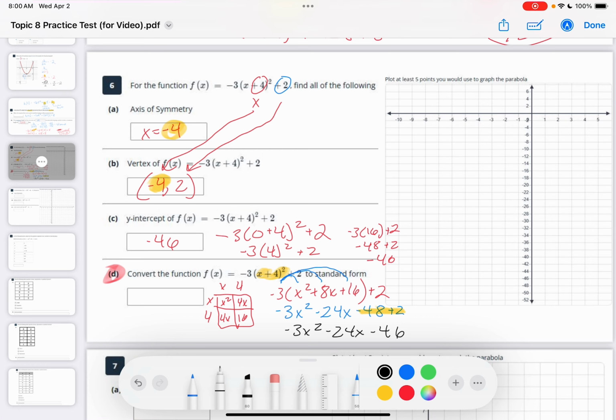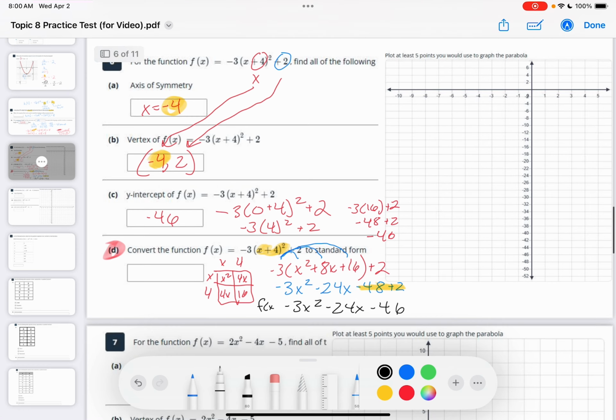So that would be my function. I could put f of x in front of this and be done with it. Now, I mentioned we're going to find the y-intercept here. Remember, the y-intercept in standard form is your c value. You can see we actually have a match here, so that verifies that we've done things correct there because we've got the same c value.